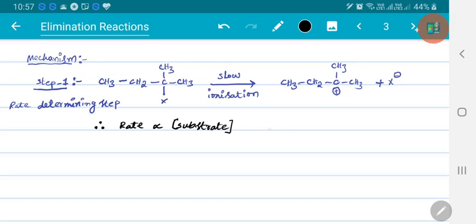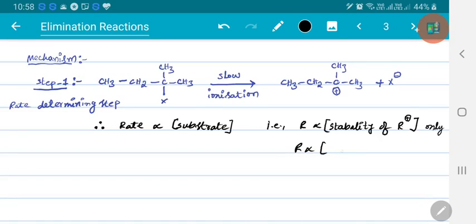That is, the rate of reaction is proportional to ionization of substrate, or the stability of carbocation, let me write as R plus only, or we can write it is proportional to stability of X minus ion, because if X minus is more stable, the reaction moves in the forward direction.